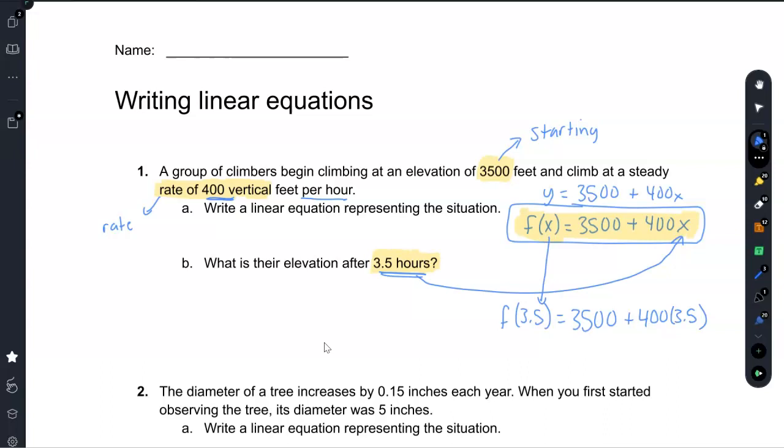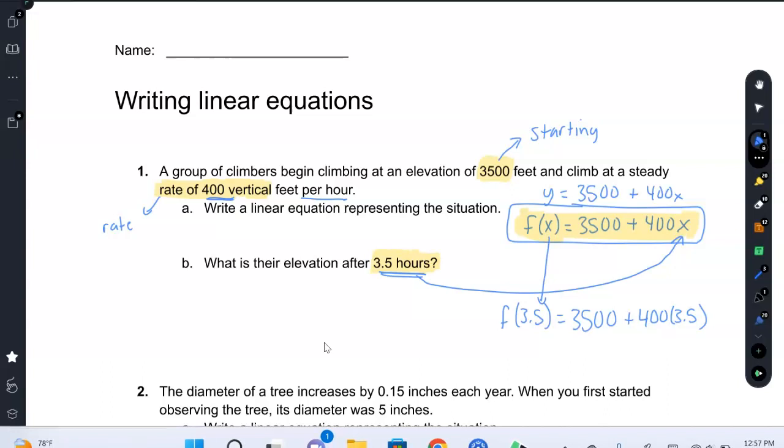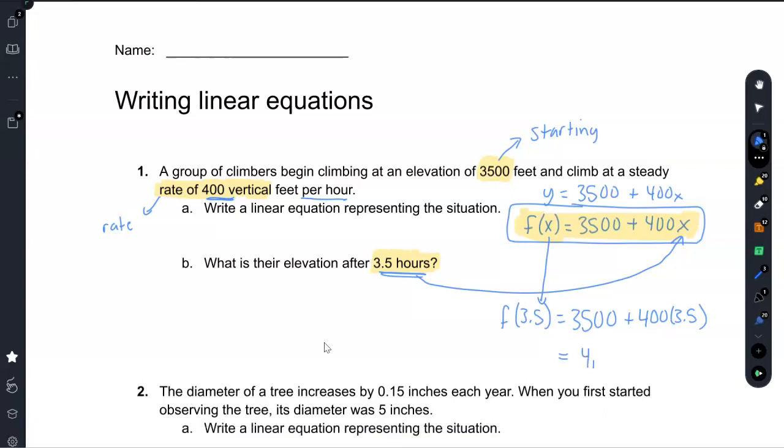And if I grab my calculator, 3,500 plus 400 times 3.5, I get 4,900. And that was going to give me their feet, right? So that's 4,900 feet. So these climbers would have an elevation of 4,900 feet after 3.5 hours of climbing.